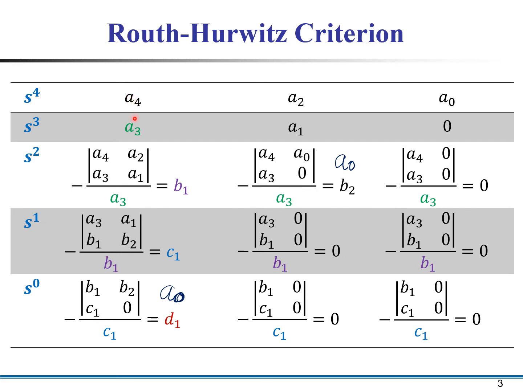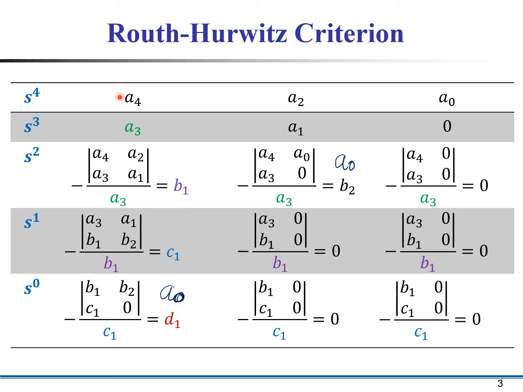If A4, A3, B1, C1 and D1 have the same sign, this means there is no pole in the right half S-plane. But if there is a sign change over here, like suppose A4 is positive and A3 is negative, so there is one sign change. And suppose then B1 is negative, C1 is negative and D1 is negative, this means that only once in the column the sign has been changed. This means there is one pole in the right half S plane.